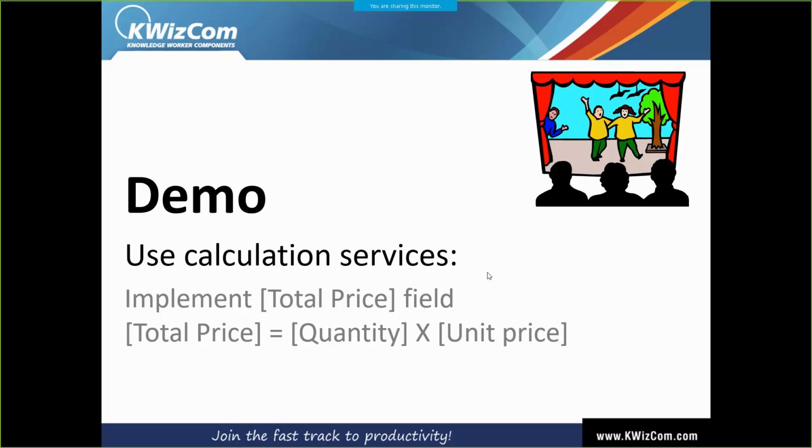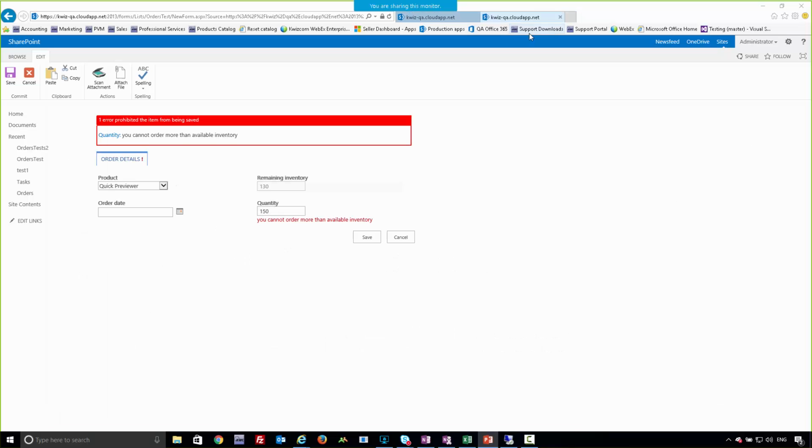Again, it's another order form, but this time I have a product quantity and a unit price, and I need to present a live calculation of the total price, which equals quantity times unit price.